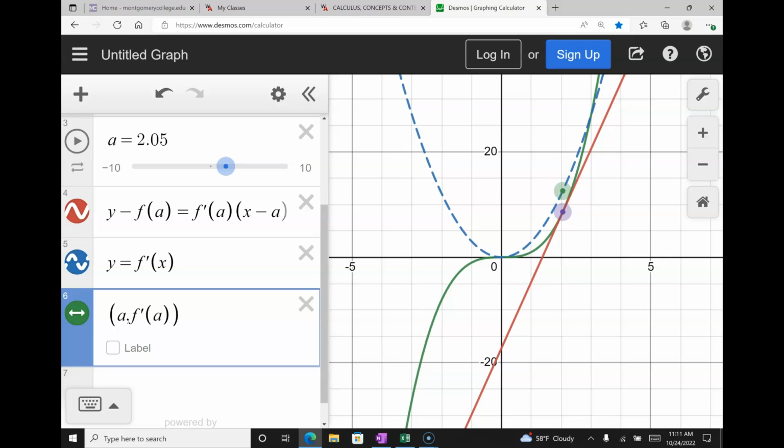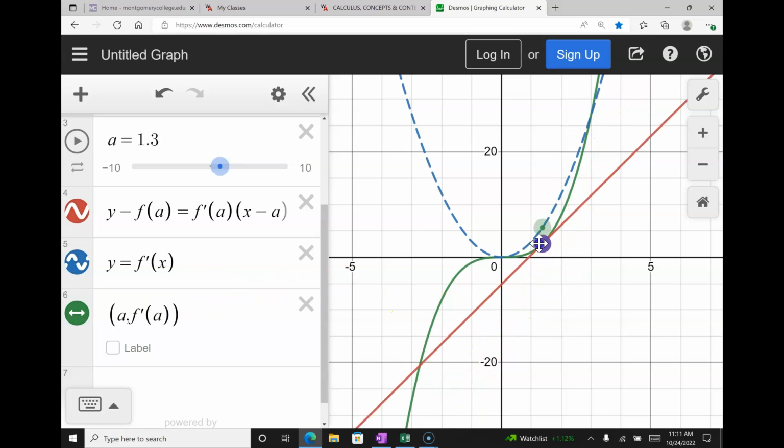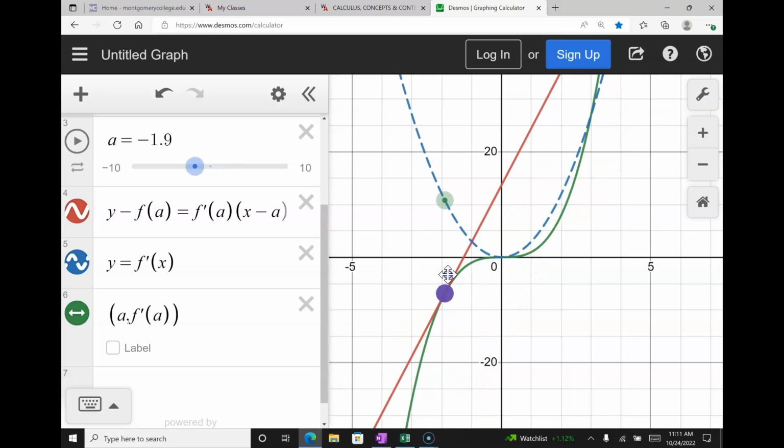So now you can see where my tangent line, the value of the slope, is the height on the derivative, right? And it should be kind of obvious that on this whole right-hand side of the function I'm getting positive slopes. In fact, if I go to the left side of the function, I'm still getting positive slopes.